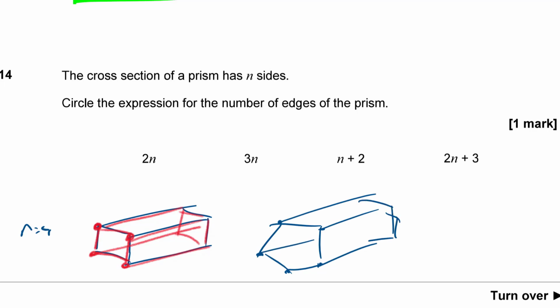Can't draw pentagons very well, but you can see again, there are my 5, and there's 5 here, so I'm going to have 5 edges on the front face. I'm going to have 5 edges run in between them, and I'm going to have another 5 edges on the back face. So basically it's going to be 3 times the number of corners on my front face, isn't it? So whatever n is, the number of edges is going to be 3n.